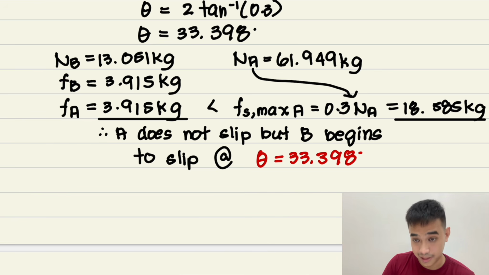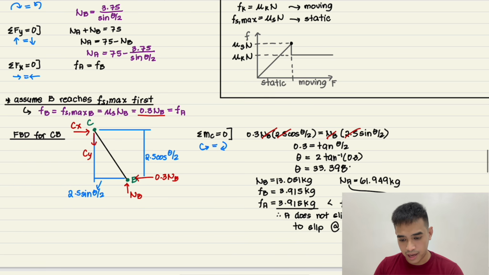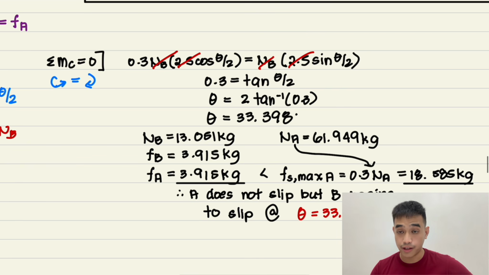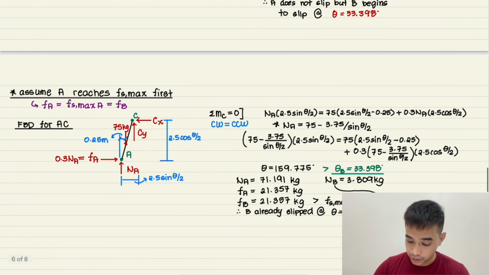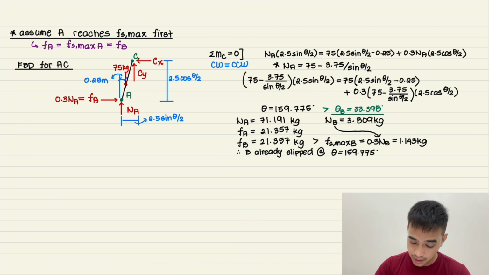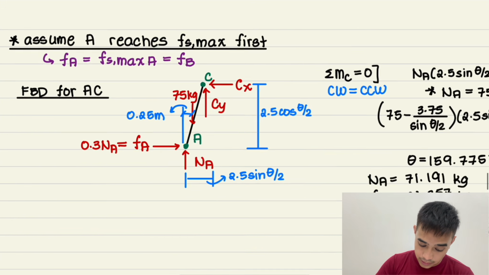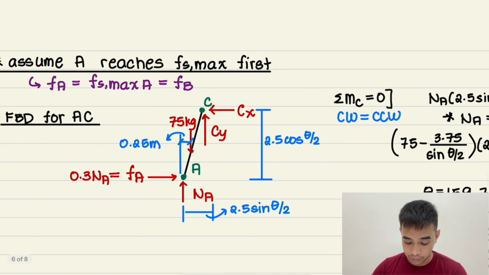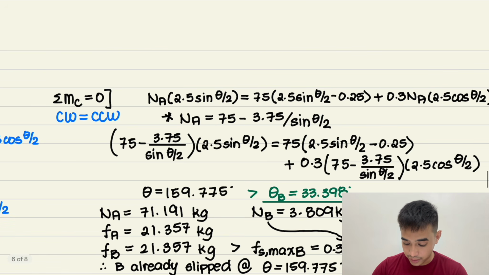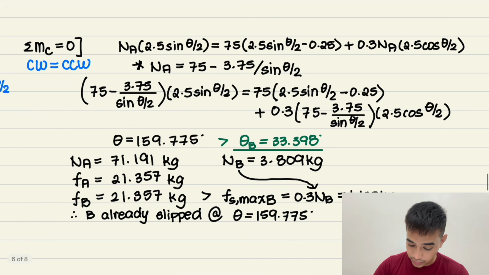So actually, we don't have to check our other assumption of A reaching Fs max first, because we've already verified our initial assumption. But if ever point A was your first attempt, I've already prepared the solution here. I've just done again the same method. We equate FA to FA max first and create the free body diagram for AC, then solve for theta as we've done earlier, and we'll come up with this theta.